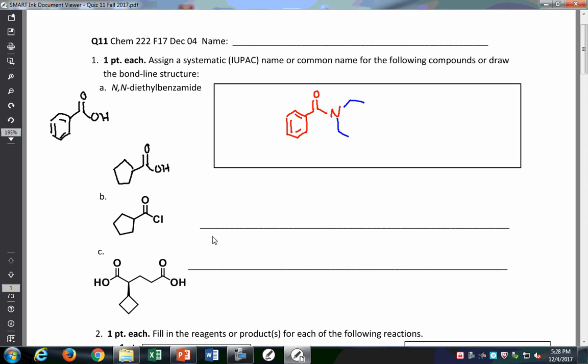So for this one, the carboxylic acid is directly attached to a ring. So when it is directly attached to a ring, we name the cyclopentane ring. And then it's just cyclopentane carboxylic acid. So that would be the carboxylic acid name. Actually, carboxylic acid, not carbonic acid.